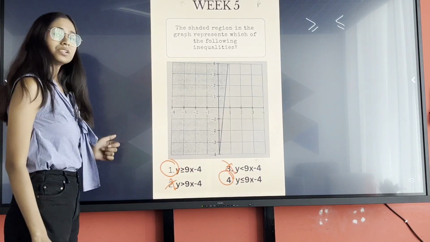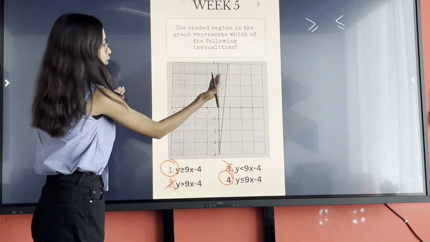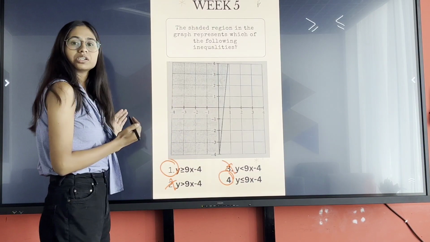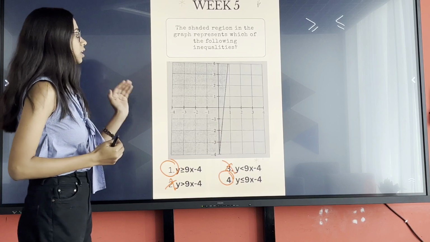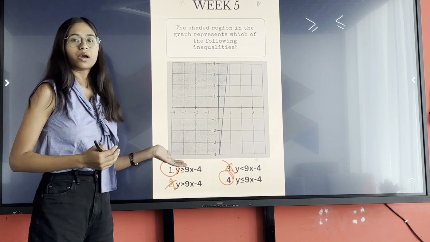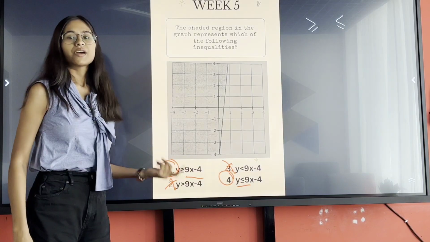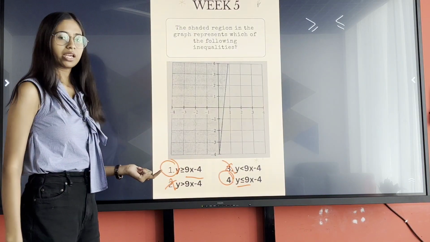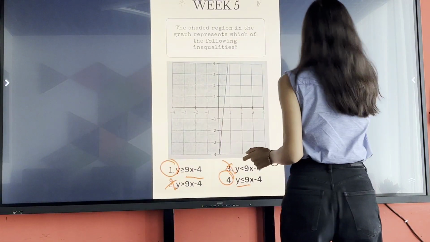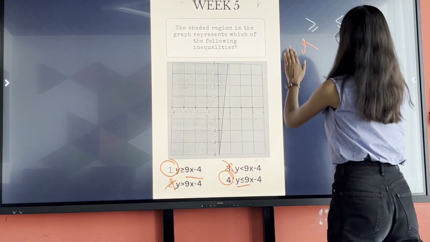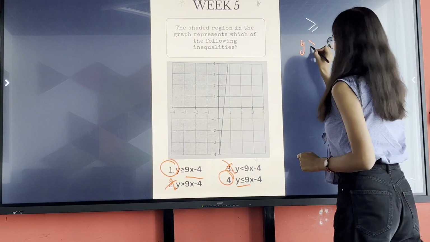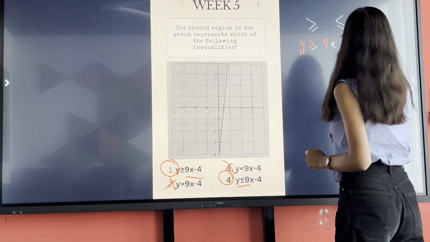Now, another thing that we can see is that the origin is in the shaded region, which means that the origin is satisfying the inequality. So let's do the origin test in these 2 equations and find out which equation is satisfying. From the first equation we have y greater than or equal to 9x minus 4.